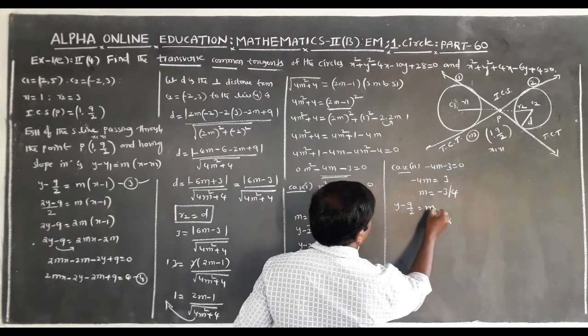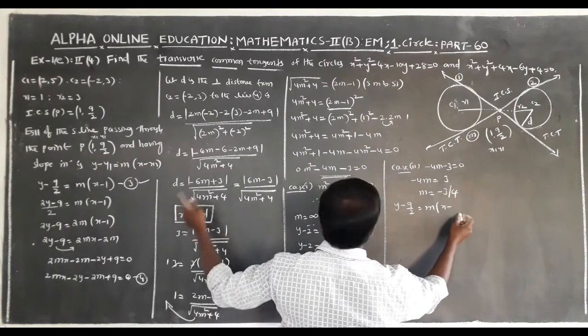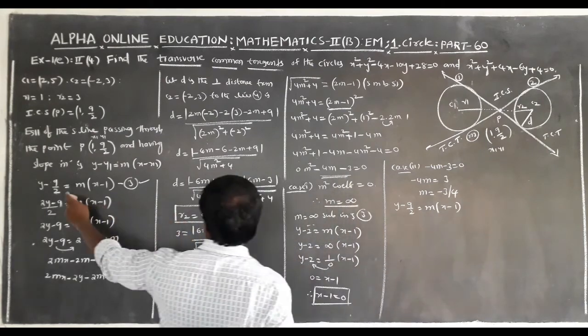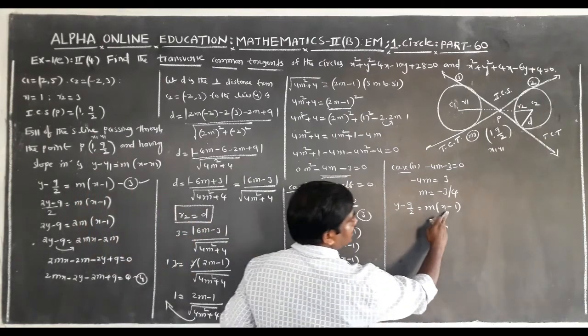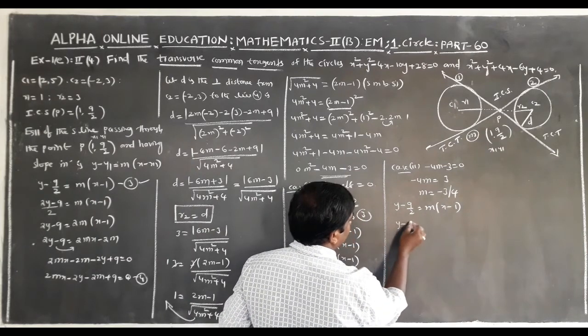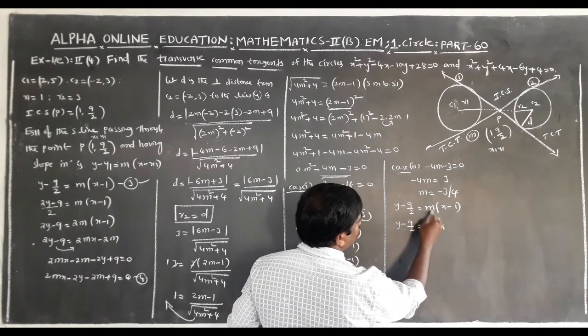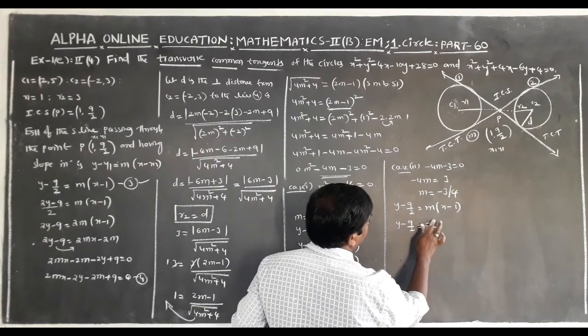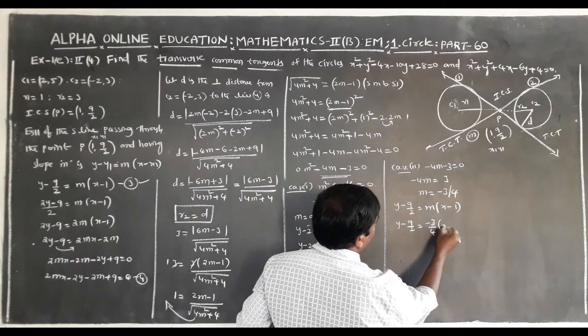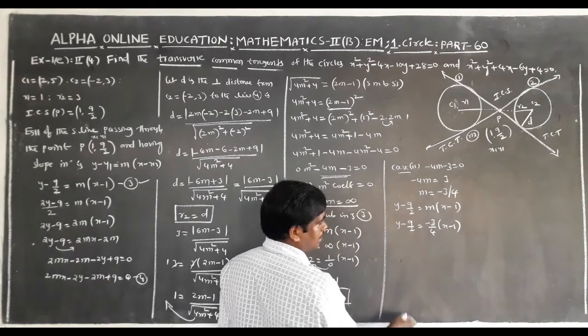Substitute in equation number 3. Y minus 9 by 2 is equal to m into x minus 1. Y minus 9 by 2 is equal to minus 3 by 4 into x minus 1.